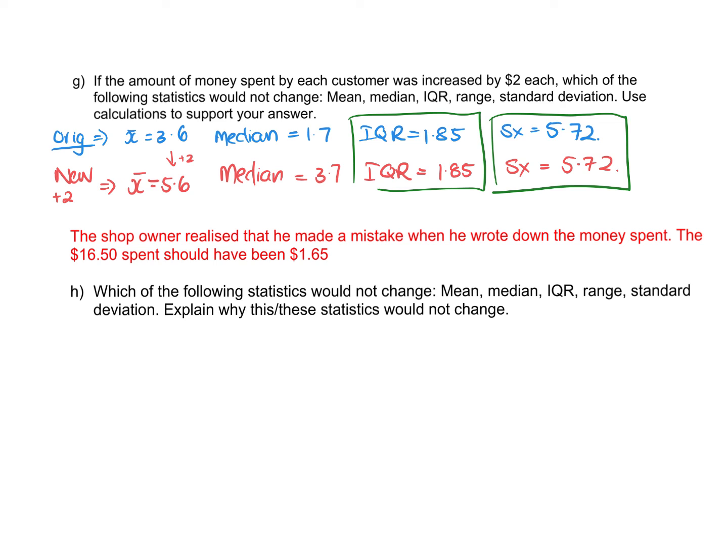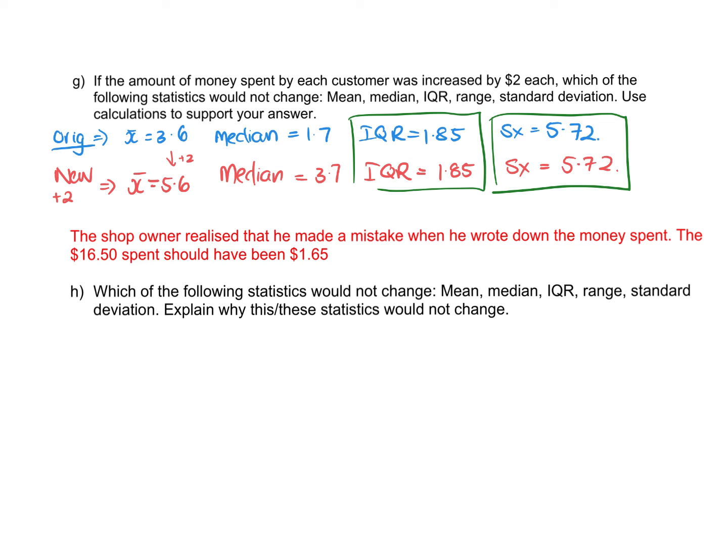Because remember, when the median is calculated, we go in order, lowest to highest. When we change that $16.50 to $1.65, it actually slips into being smaller than the largest one, doesn't it? Because $2.65 is the largest. So it is going to shuffle it all around.